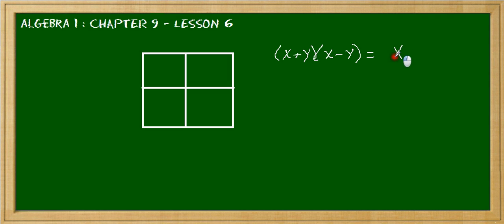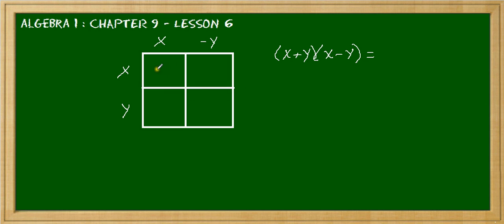Before we do that, let's put it into our boxes here. We have an x and a negative y, and then we have a positive x and a positive y. One's positive, one's negative, because we have a sum and a difference.